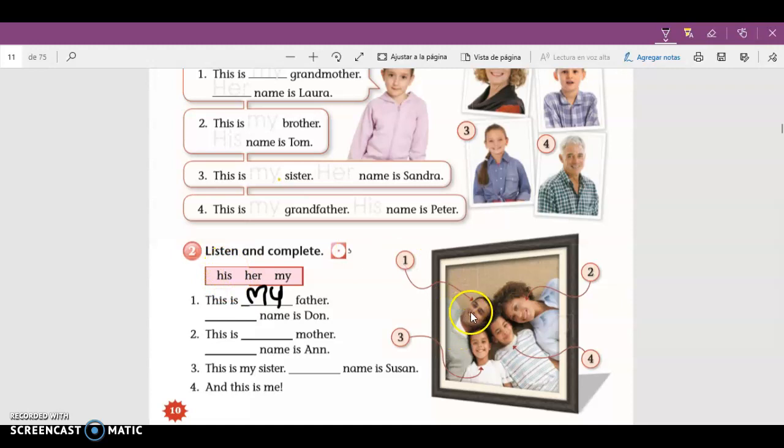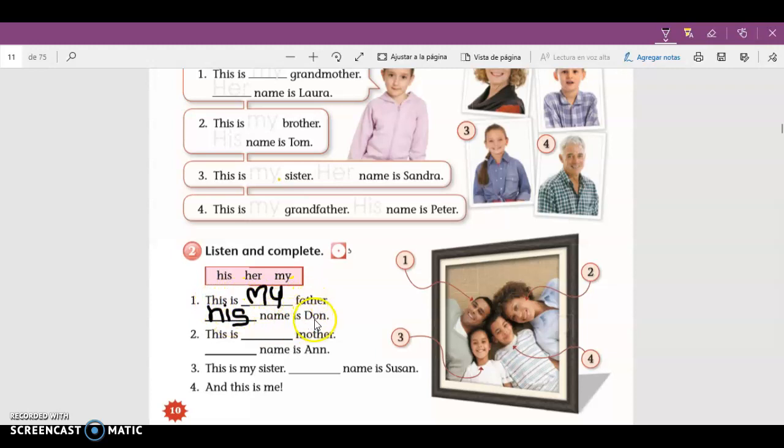Number 1, look. The father, we're going to use his. His name is Don. Let's repeat the sentence. This is my father.